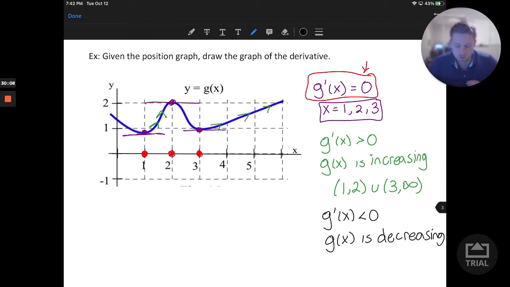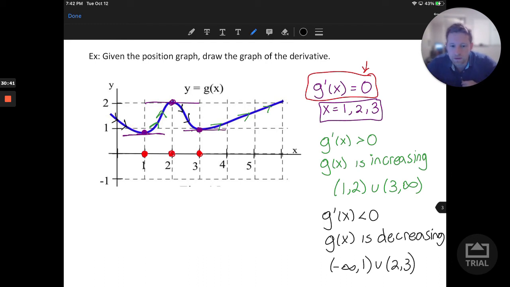So when g of x is decreasing, it looks like I'm going to be decreasing over this first interval from negative infinity up to 1. And then I'll have a second smaller interval here from 2 to 3. So I've covered my whole graph with either increasing, decreasing, or 0 points for my derivative.